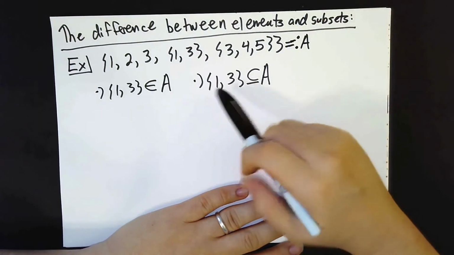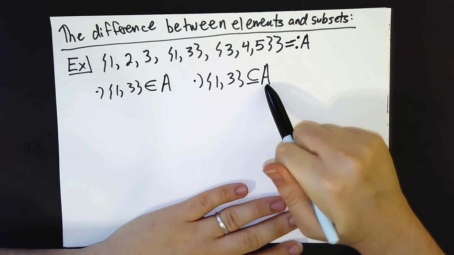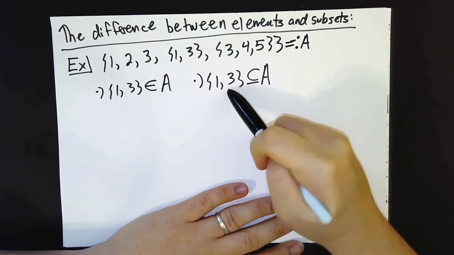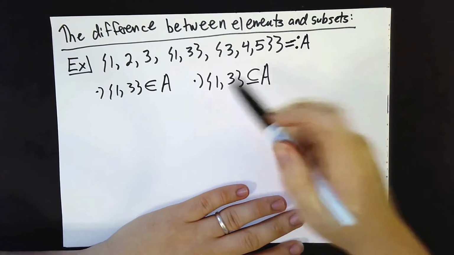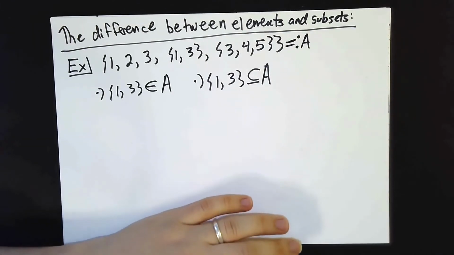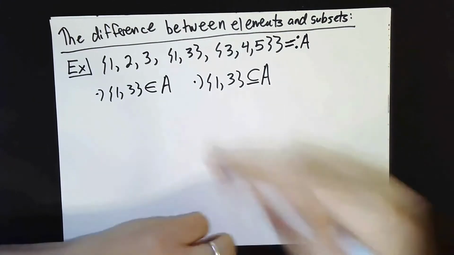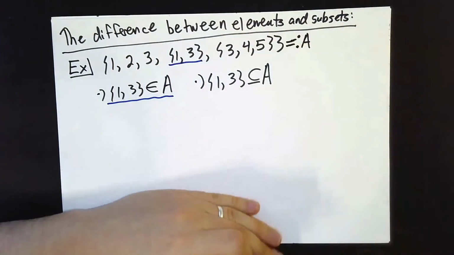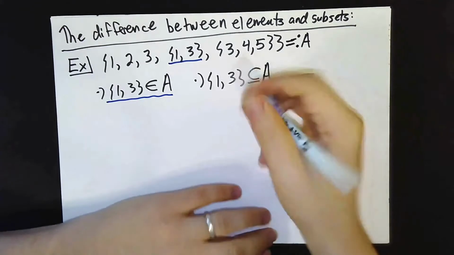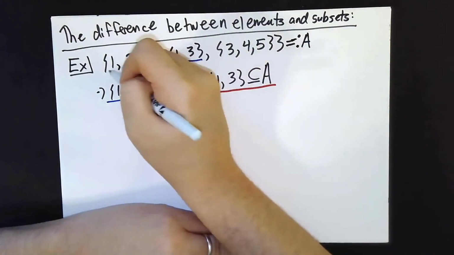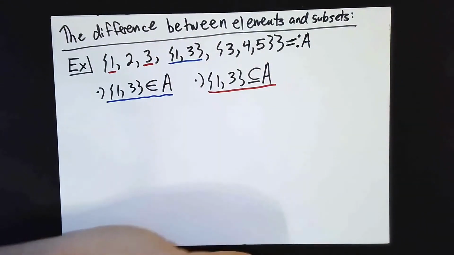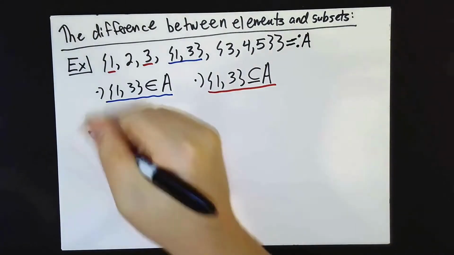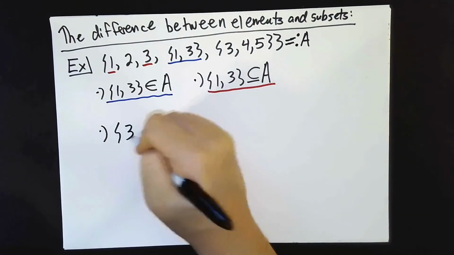When I say {1, 3} is a subset of A, I am saying both 1 and 3 happen to be in the set. So this fact is about that element, whereas this fact is about these elements. So take a minute to decide if these are true.